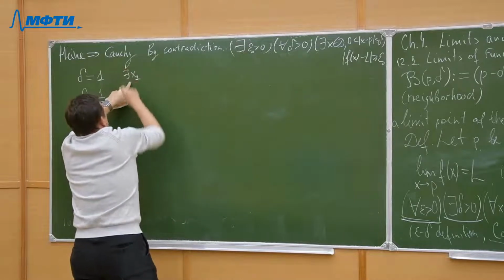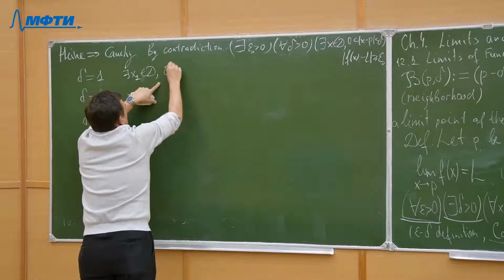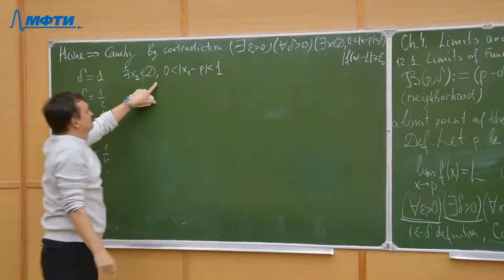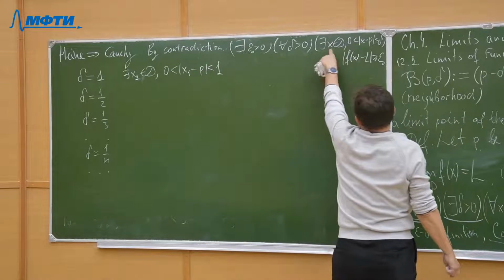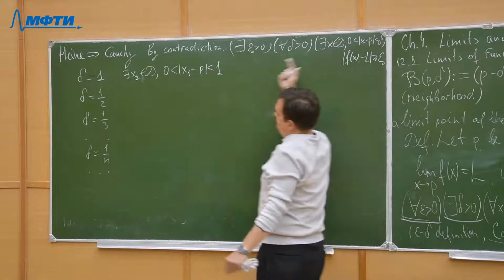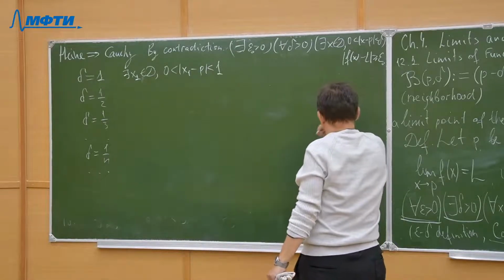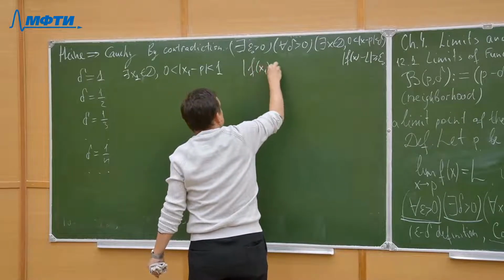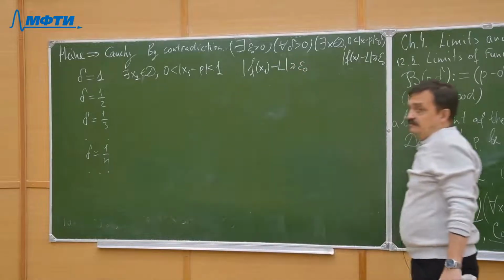There exists x1 in D, right? And that inequality is valid. And simultaneously, the inequality f of x1 minus L greater or equal to epsilon naught is satisfied.